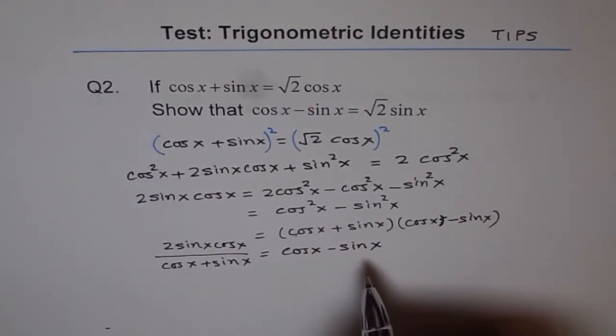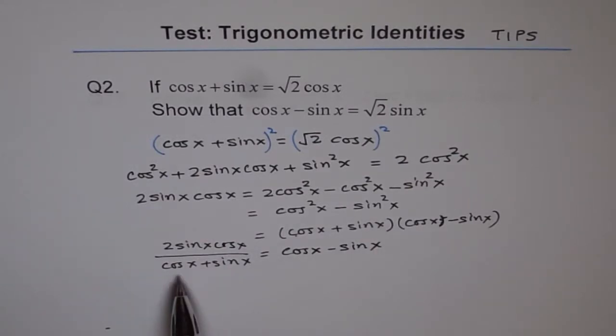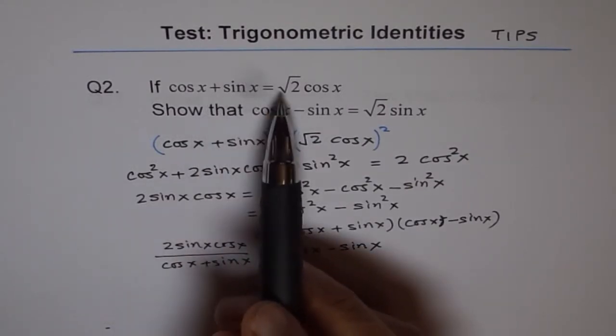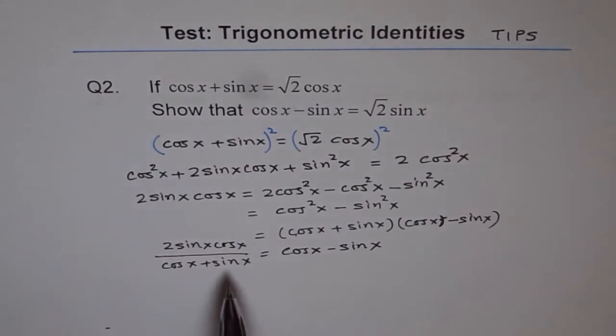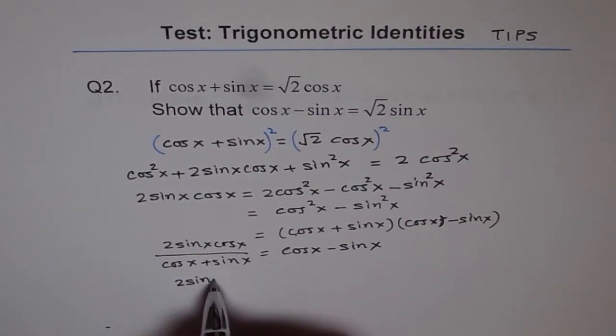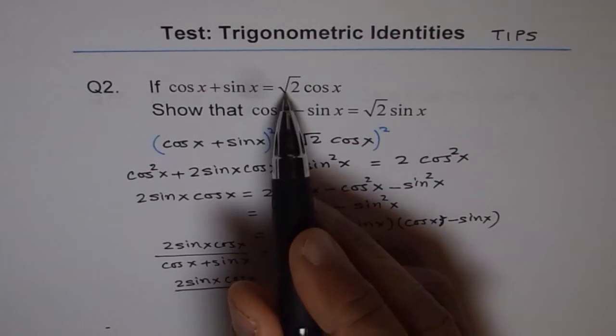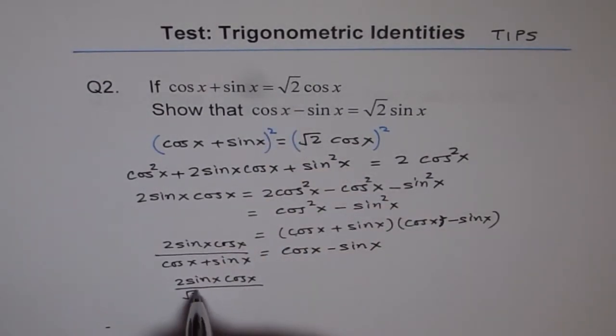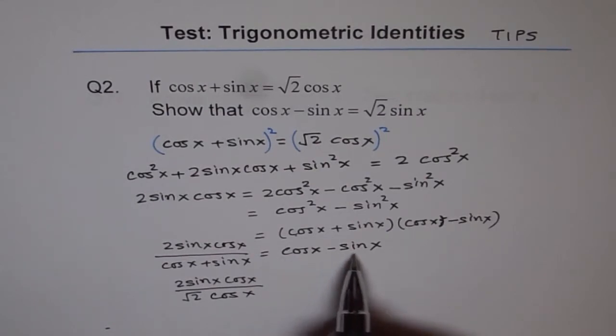Now it is already given to us that cos x plus sin x is square root 2 cos x. So we'll replace this value from here back. So what we get here is 2 sin x cos x over square root 2 cos x is equal to cos x minus sin x.